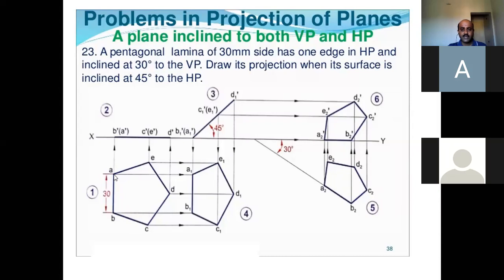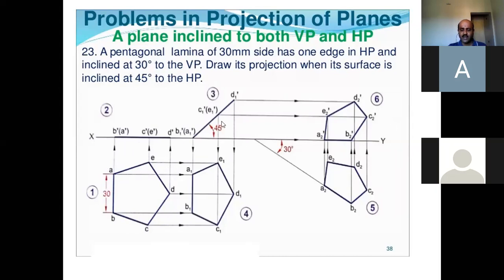Edge resting means the edge AB should come to your left, so you have to construct the pentagon in such a way. Construct a pentagon of 30 millimeter side such that it is resting with one of its edges on HP. Once you get one of its edges on HP, the top view will be the true shape and true size of the pentagonal lamina. So this first step is to construct it.